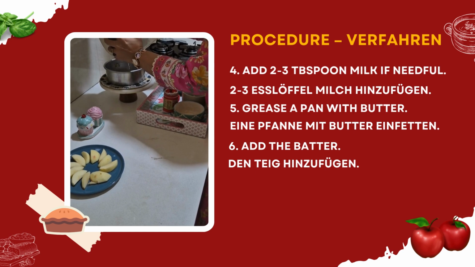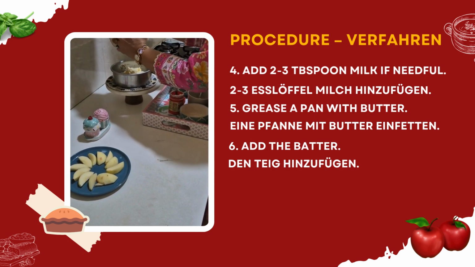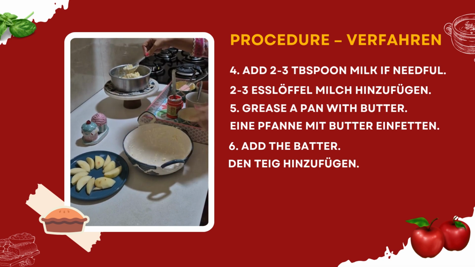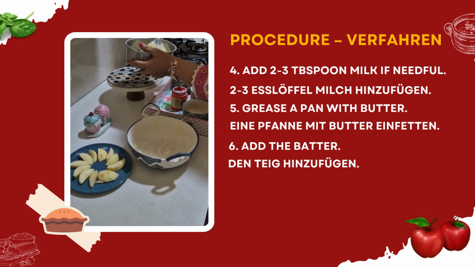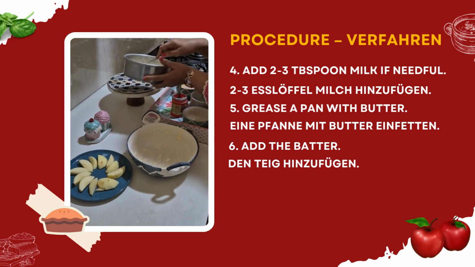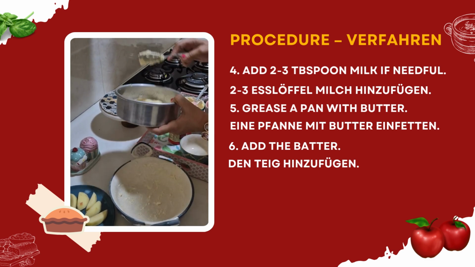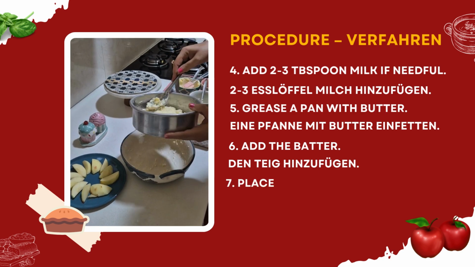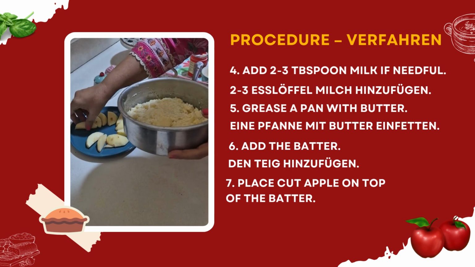So the batter we will add to this pan, and we'll just make it even with the back side of the spoon. So now this batter is ready, and finally we'll top up this batter with these peeled and cut apples.